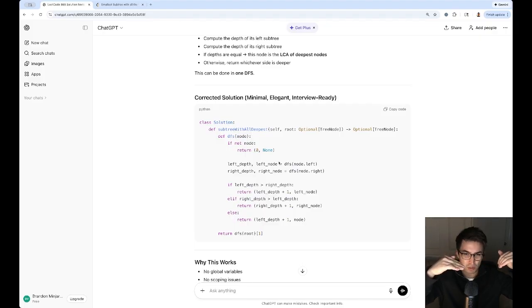If left is greater than right, we return left depth plus 1 and the left node. And then that just returns the node of the greatest depth.